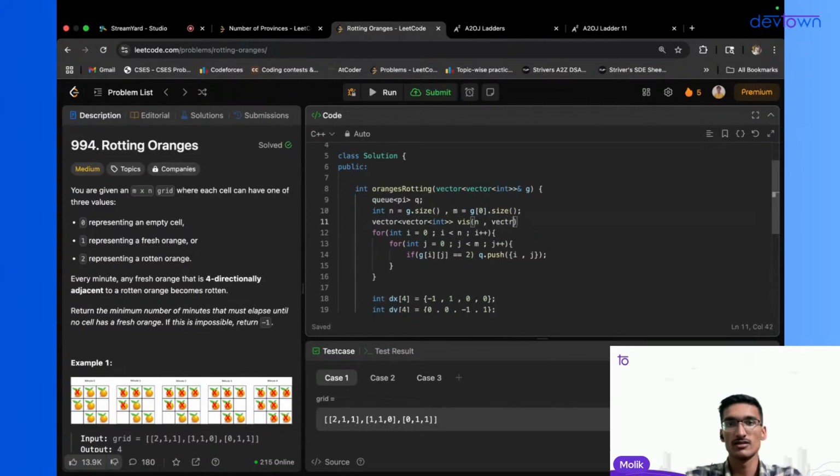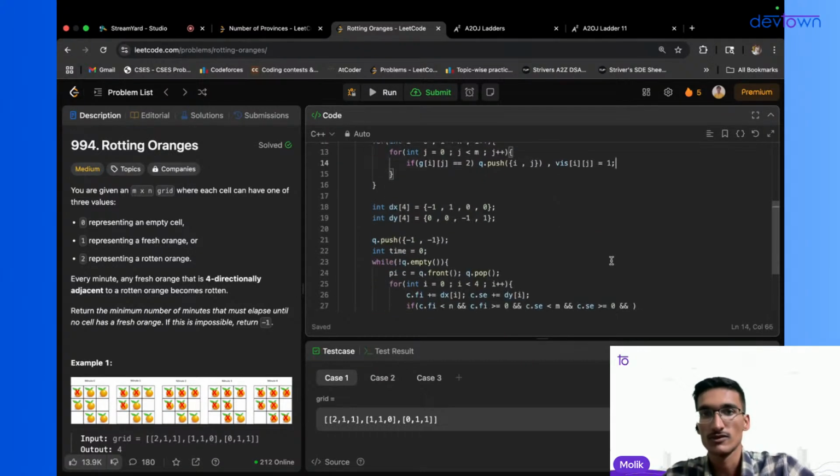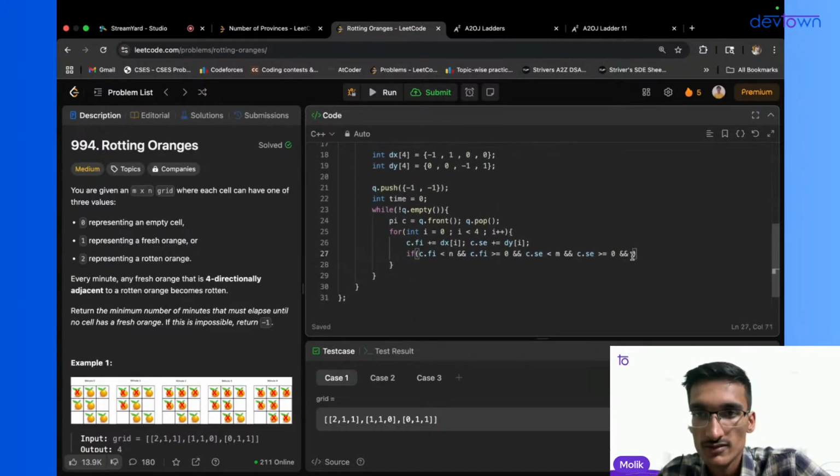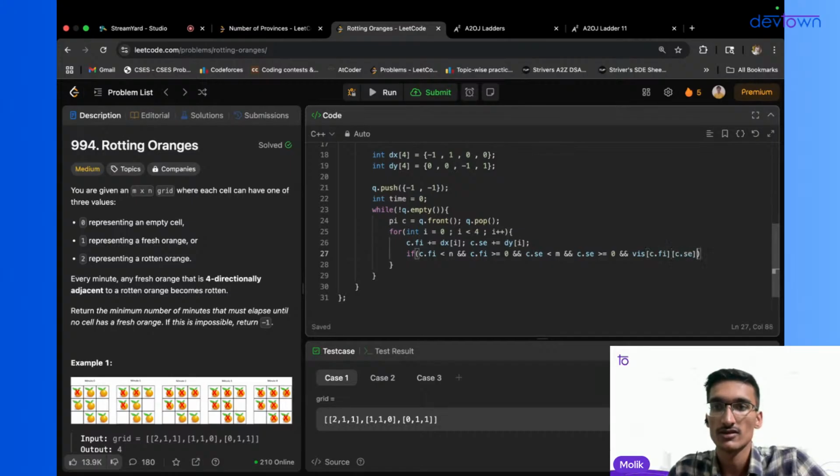Here we will be declaring the visited array. We also need to keep a count of visited ones, right? So this is done, and visited of c.first, c.second.